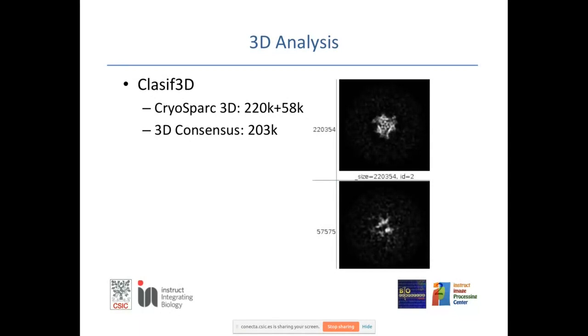And this is an interesting thing. So you get 220,000 particles going to one class. How do you know these particles really belong to this class? Because all classifiers have false positives, false negatives. So there are classification mistakes. How do you know that these ones really go to this class?